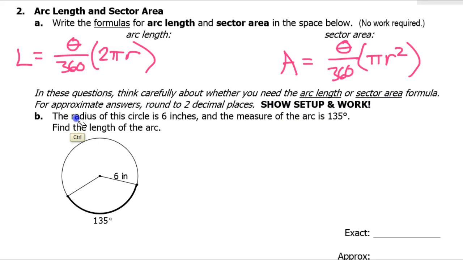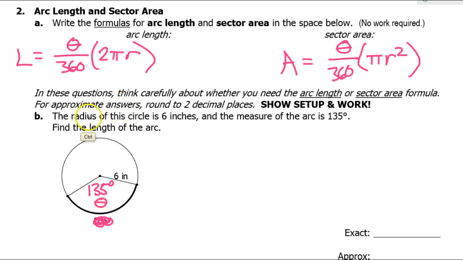Okay, the radius of this circle is 6. Great, so we know that r is 6. Find the measure of the arc. The measure of the arc is 135 degrees, which we already discussed, really means that theta is 135 degrees. That's what they're really saying.